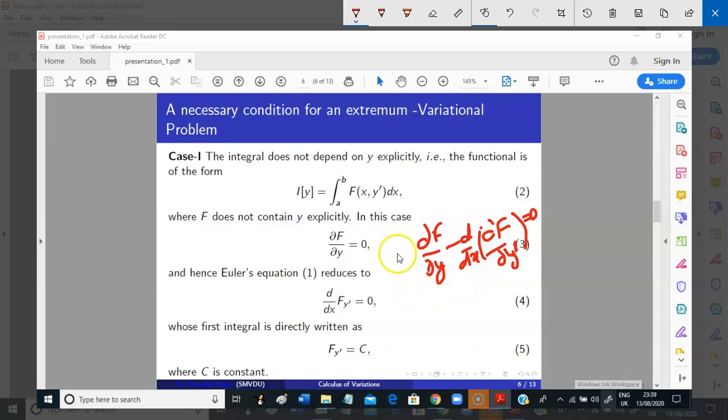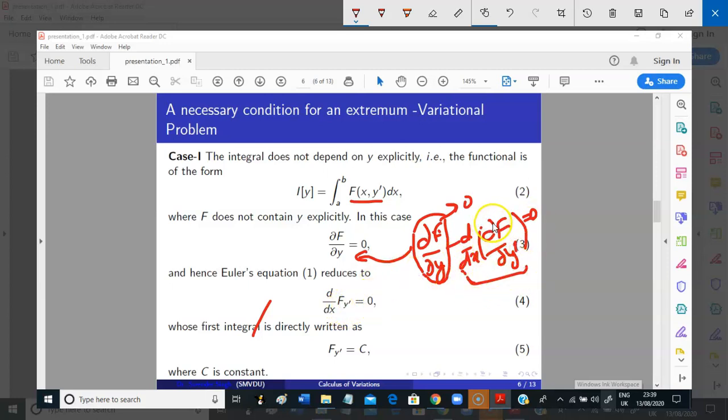But when this capital F is not depending explicitly on y, that means this part becomes 0. So that is given over here. When this part becomes 0, the Euler equation reduces to the form that this part is equal to 0.